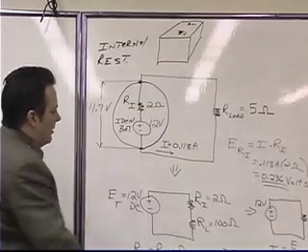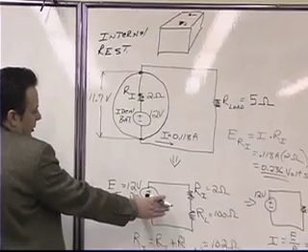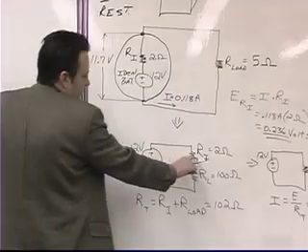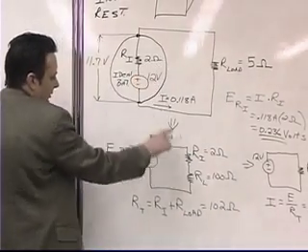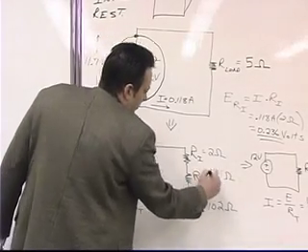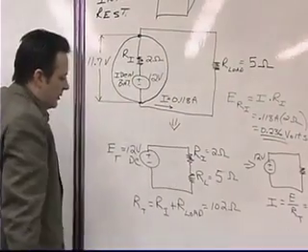Okay? So all we have to do is follow back through the same analysis that we did before. We have our ideal source, which is at 12 volts. We have our internal resistance, which is at 2 ohms. That doesn't change. That's the same as it is here. Our load resistance has changed from 100 ohms to 5 ohms. Okay?